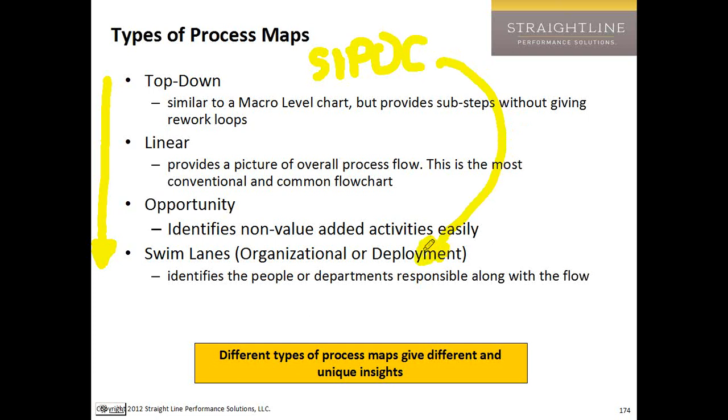They go right to a swim lane diagram. I think sometimes this can get us in trouble because the breakdown may or may not be helpful, and swim lane flowcharts can get very complex very, very fast. So I would recommend starting with a top-down and then maybe working your way down into this, depending on how quickly you want to do it, how valuable the linear one might be, and so forth.